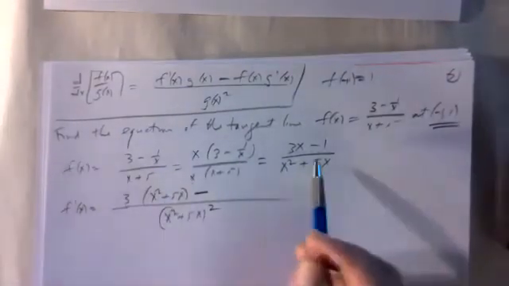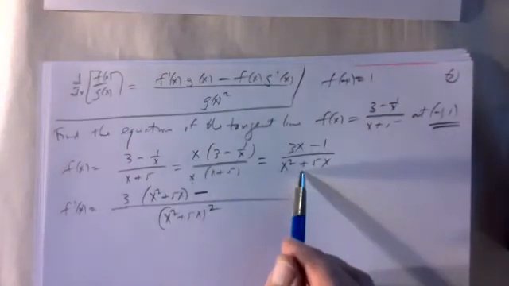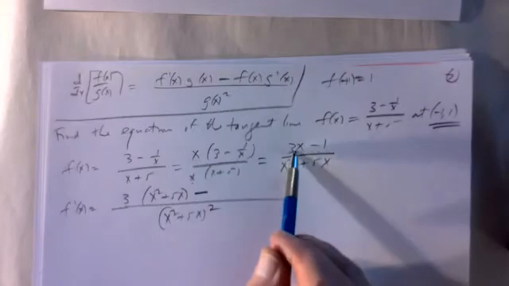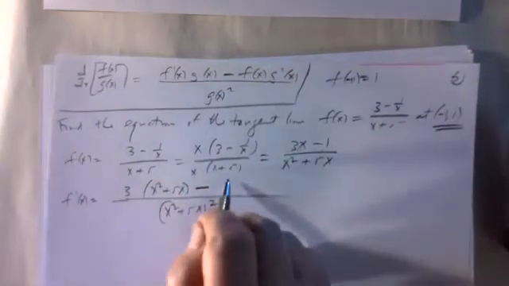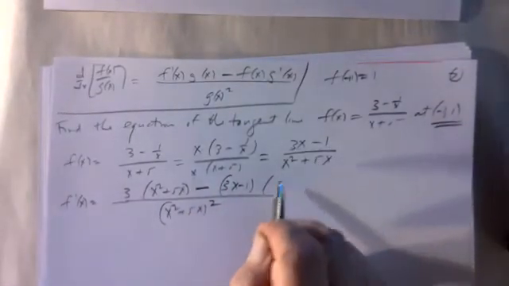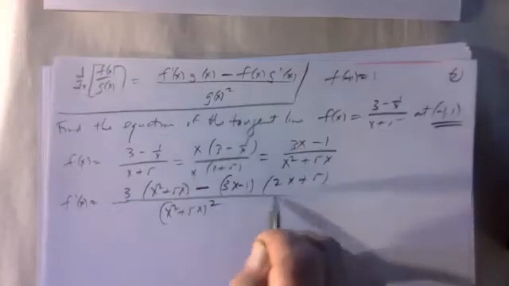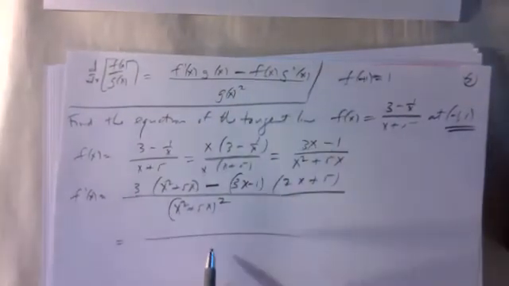This function can also be written like this. And when I apply the quotient rule to this, it's the derivative of the numerator, which is 3, times the denominator, minus the numerator times the derivative of the denominator, which is 2x plus 5. So let me simplify this.